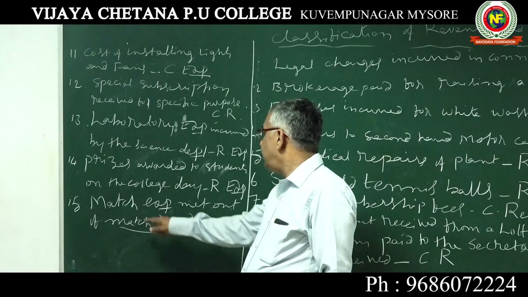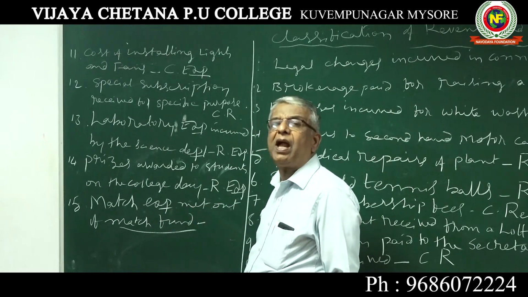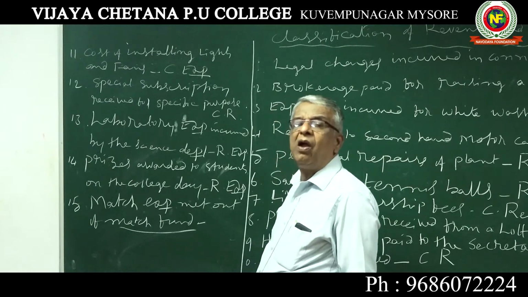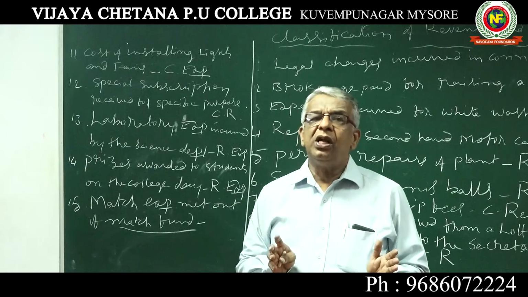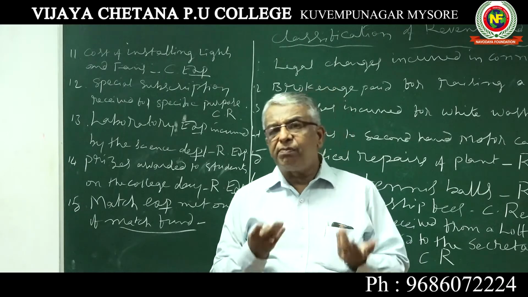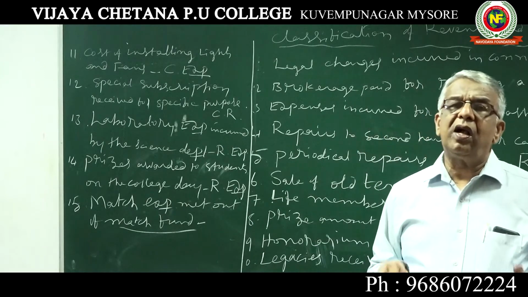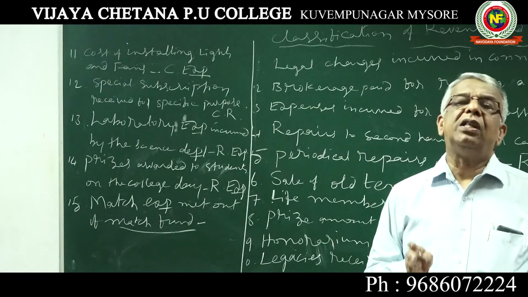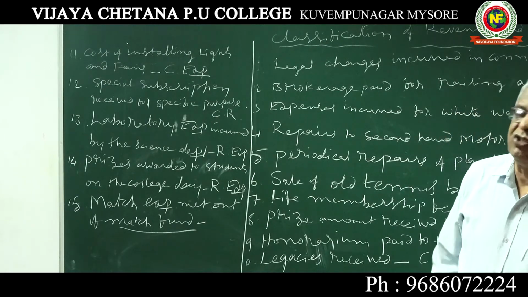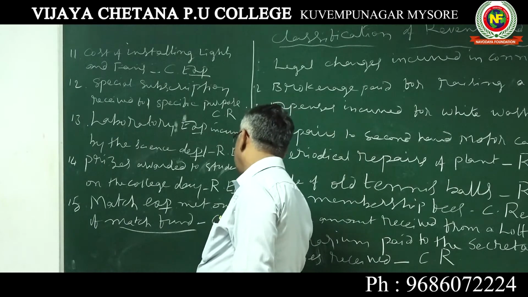They have created a match fund for a specific purpose. When they have created a fund to conduct matches, whatever expenditure is incurred to conduct the match has to be deducted from the match fund on the liability side of the balance sheet. So therefore it is a capital expenditure.